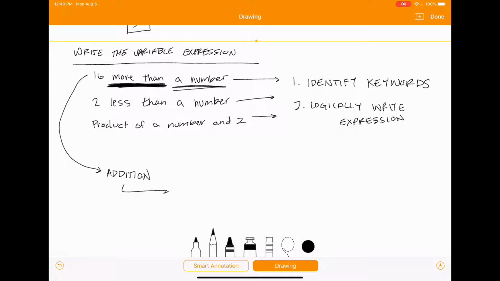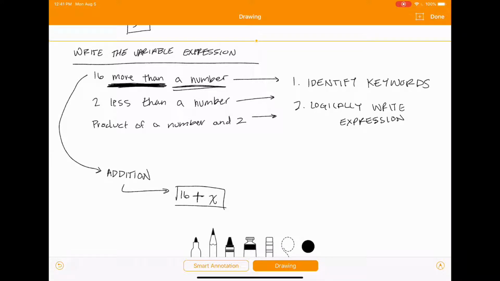So we know that our expression is going to have an addition sign in there, and we need 16 more than a number. So 16 more than a number, and that's going to be your expression.